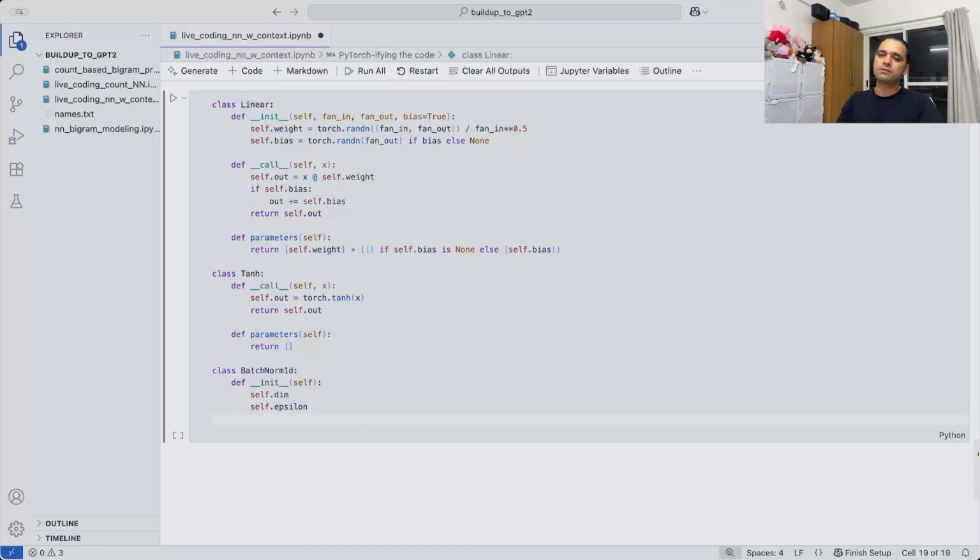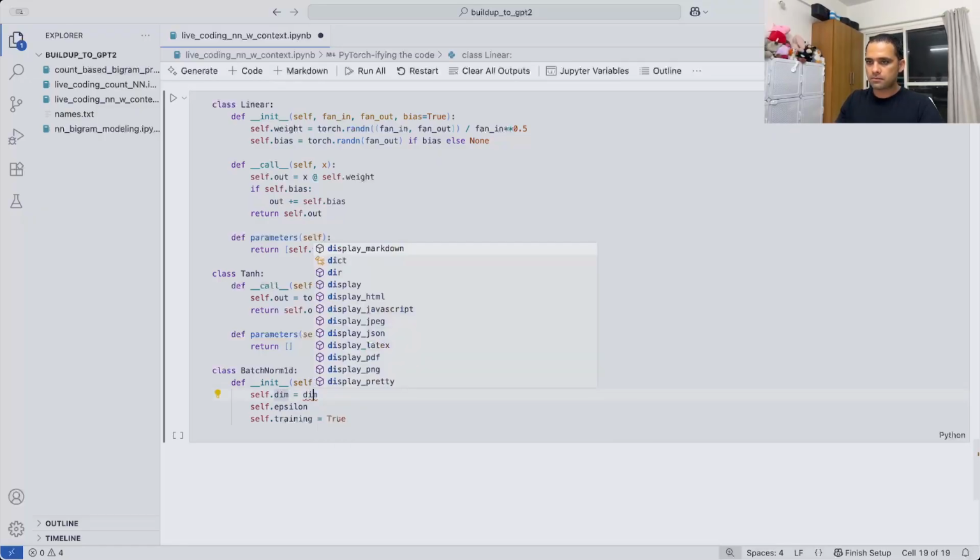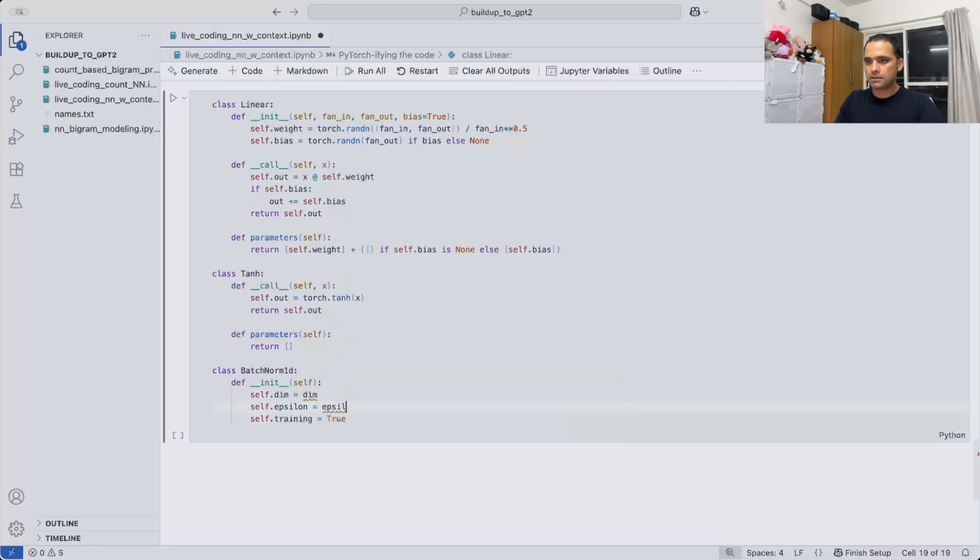And one thing is that BatchNorm1d has different behaviors while training and while not training, that is, inference. So we'll take a flag which will say training is true, and epsilon, dim.